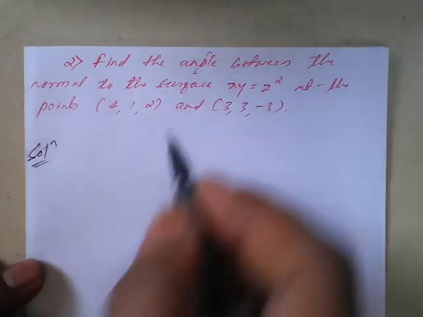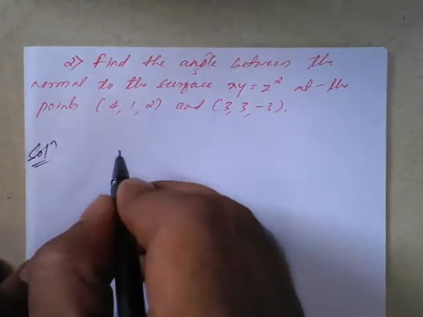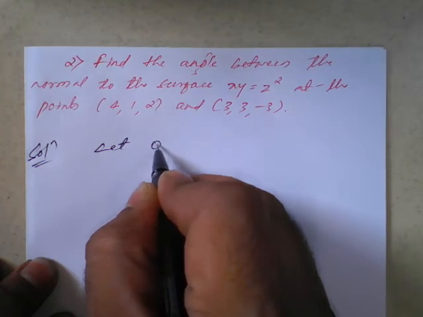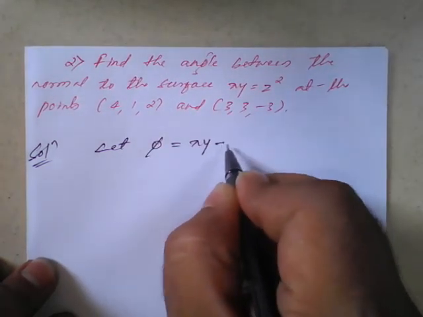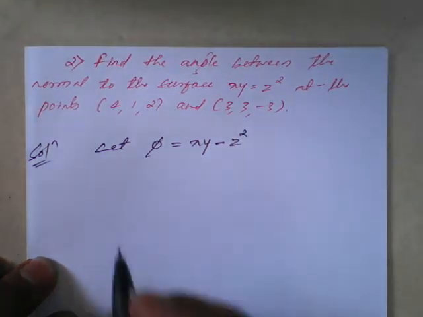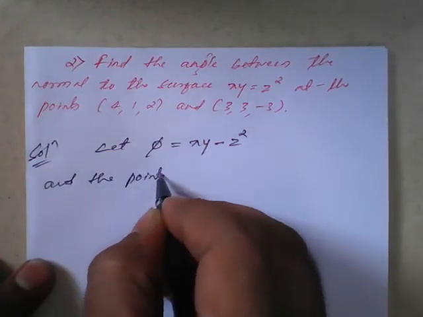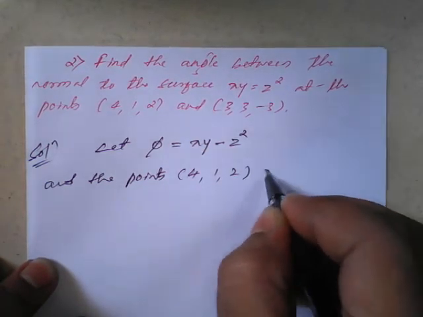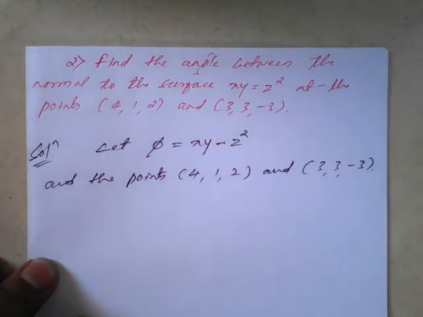So here the given surface is, let phi is equal to, I will take this one as x minus xy minus, take this z square inside, so it will become minus z square, and the points are (4, 1, 2) and (3, 3, -3). These are the 2 points.